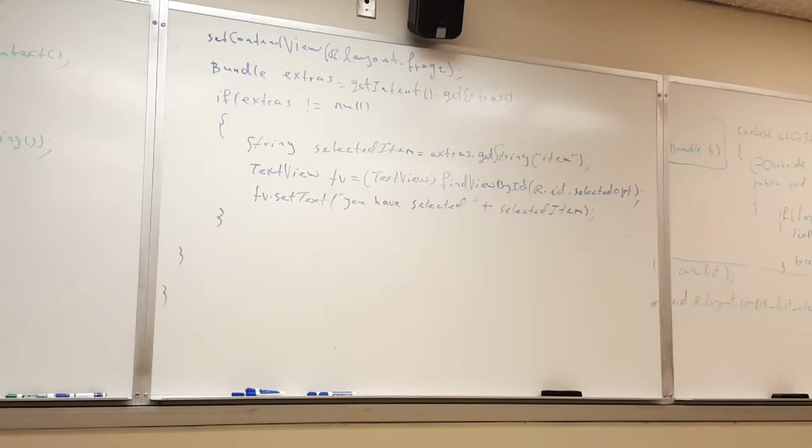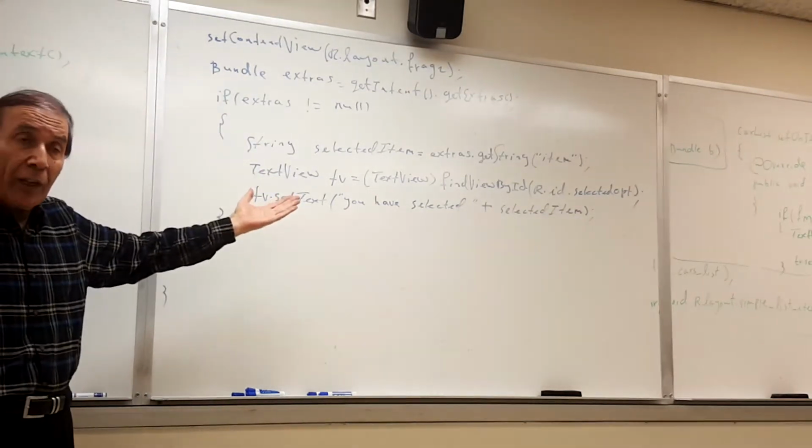If you print that, it's going to be empty, okay? So I guess the bundle is built by the system and can't be changed by us. And the intent is where you put any customization or additional data. Any customized data that we are using should be sent by putExtra and received by getExtra, okay?